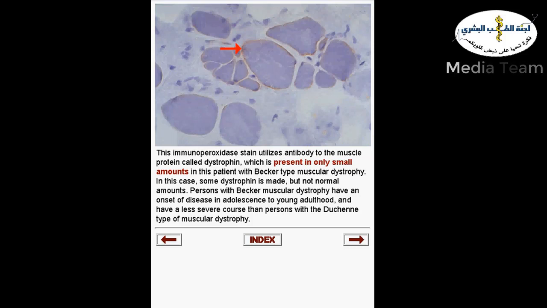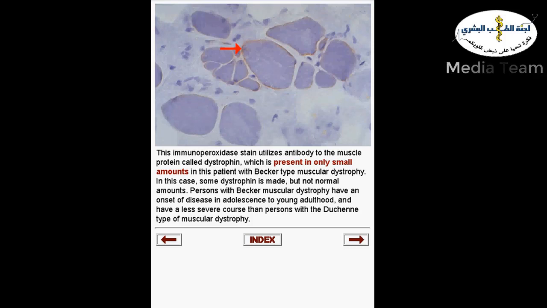If you look here at the immunostain, it's covering just part of the circumference of the fibers. You can appreciate just a little brown staining on the top here and here. Most of the circumference of the fibers is negative for the dystrophin immunostain. Because they have a little dystrophin in the membrane, they will have later manifestation.